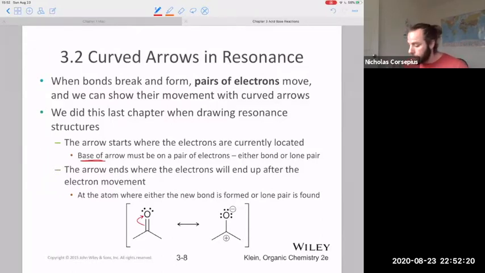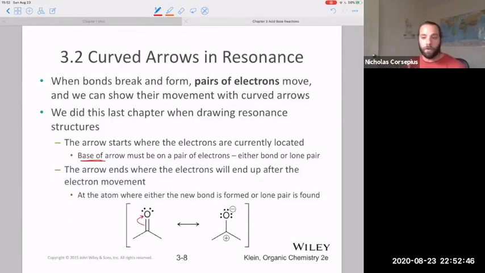What you want to think about when you're drawing these arrows is you are grabbing this pair of electrons that was at the base of that arrow, and you're moving them to the tip, okay? So in this case, what's being shown in this electron pushing is this pair of pi electrons is being pushed up onto that oxygen atom as a lone pair.